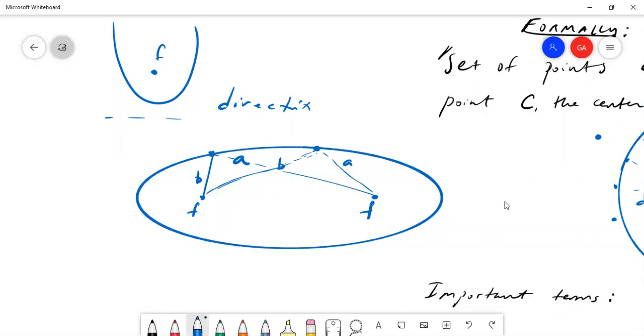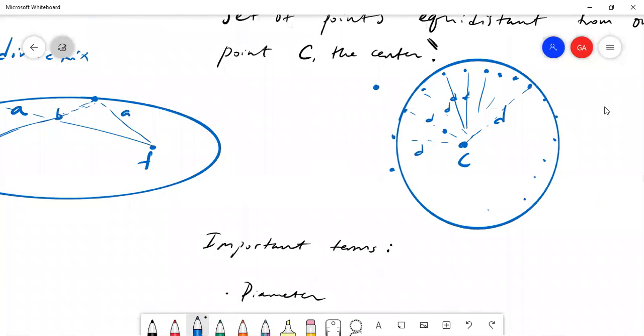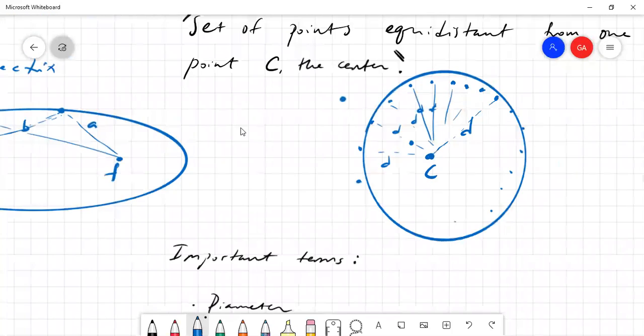The parabola is the set of points where the distance to the focus equals the distance to the directrix. So all of these distances are equal. Anyway, all the conic sections have their own verbal definitions, and the definition for the circle is a set of points that's equidistant from the center point.